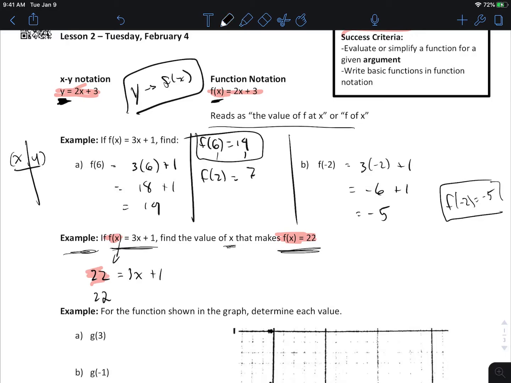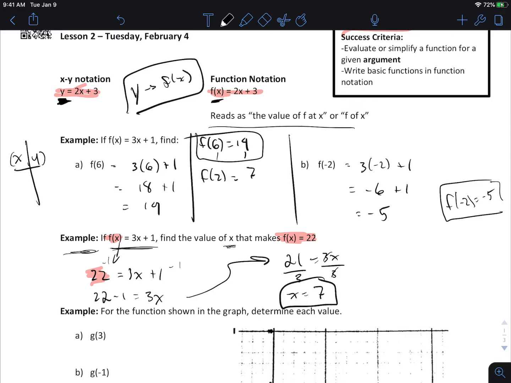So I can go 22, I'm going to subtract 1 from both sides. So 22 minus 1 is equal to 3x. I get 21 is equal to 3x. I can divide both sides by 3. x is equal to 7.